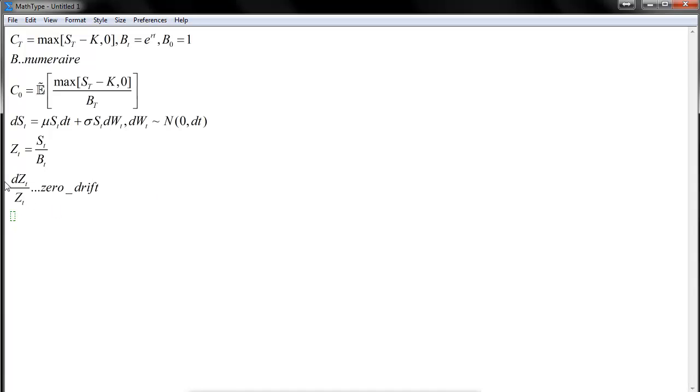So let's define what's the dynamics of this process Z. By Ito's quotient rule, we know that the dynamics of such a process is equal to the differential of the stock price with respect to S minus the differential of the money market account with respect to B. Now let's rewrite this once again, because here comes their product.